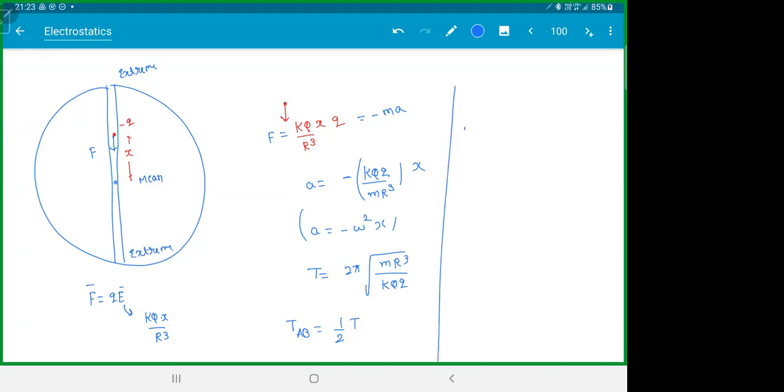What about the speed at the center? Speed at the center is nothing but the maximum speed because it is the mean position. What is maximum speed? Amplitude into omega. What is the amplitude? Radius. Omega is root over KQq by mR cube, so speed is R into root over KQq by mR cube.